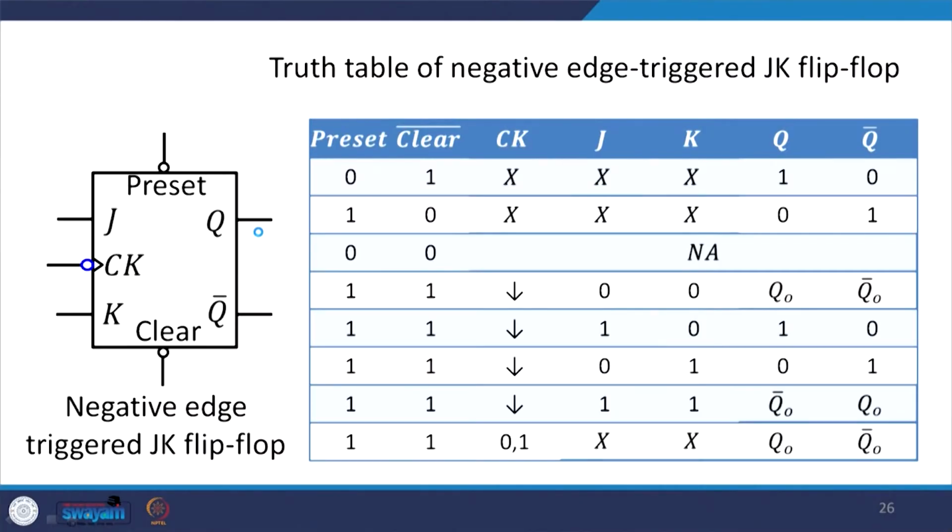This is how a JK flip flop looks. You have a preset terminal, clear terminal, J and K, and here is the clock. You have outputs Q and Q bar, and this table explains the truth table of a negative edge triggered JK flip flop.